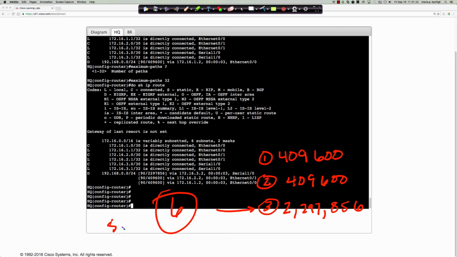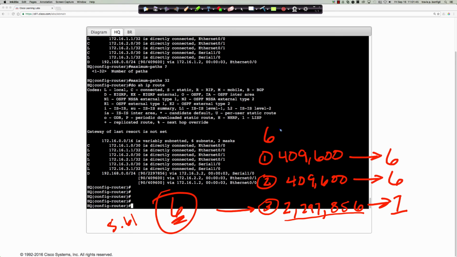The equation itself produced 5.61 when I divided 2.297856 million by 409,600. But we round that up, and so in order to figure out how many packets would go across each link, it would be a ratio of 6 to 6 to 1.